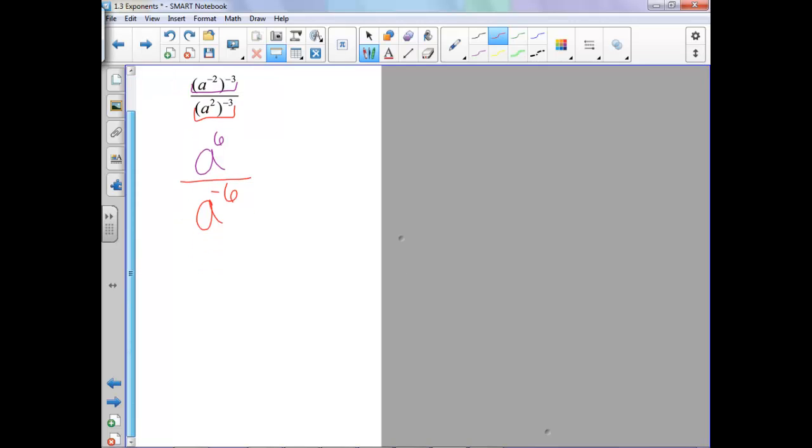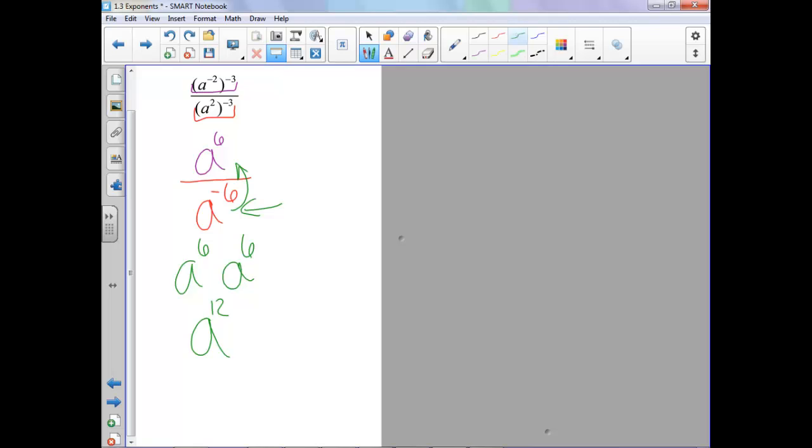And from here, there's really two ways you can do it. Since you see that this is a negative exponent down here, we can move it. So this a to the 6th will stay here. This one will come up and be a to the 6th because it's moved, so it becomes positive exponent. And now we add across our exponents in a to the 12th.